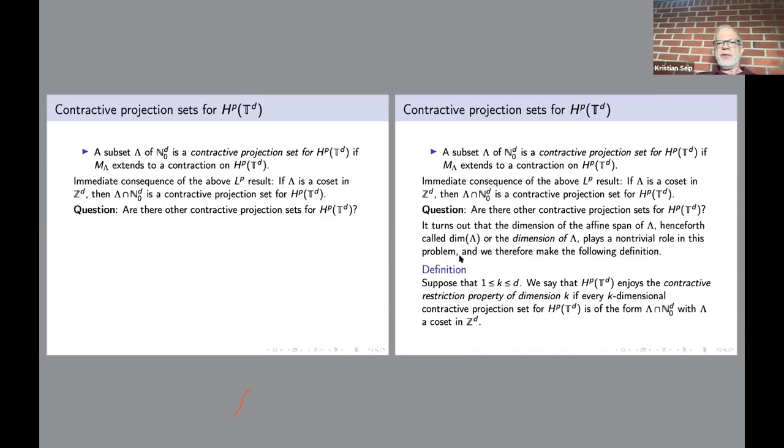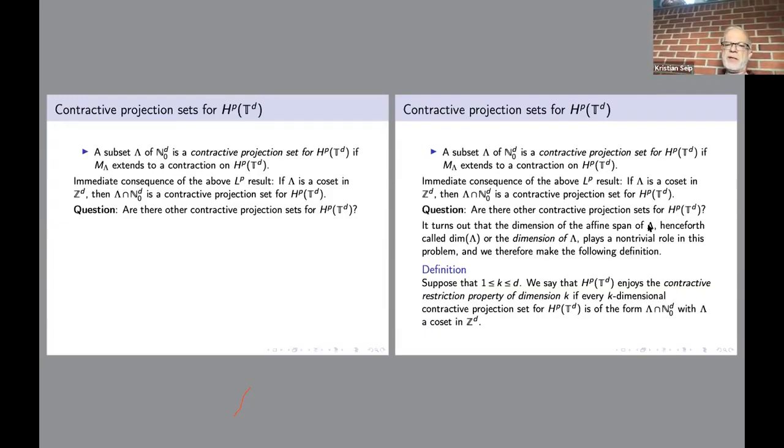This turns out to be a very interesting problem, and it turns out that the dimension of the affine span of Lambda plays a role. The vectors between the points in Lambda span a certain subspace of R^d, and the dimension of this space plays a role.